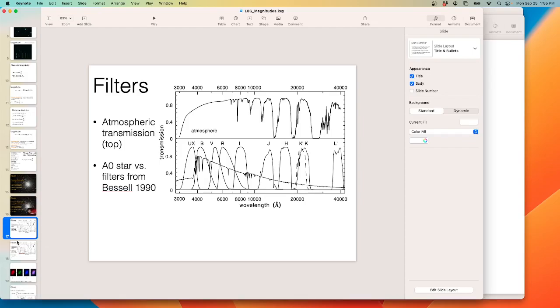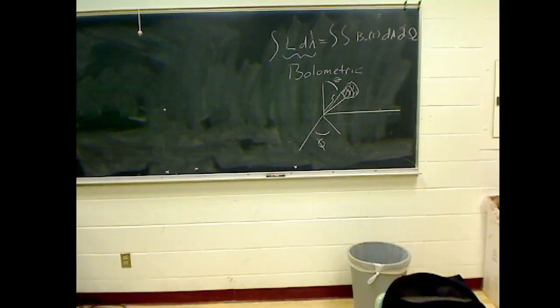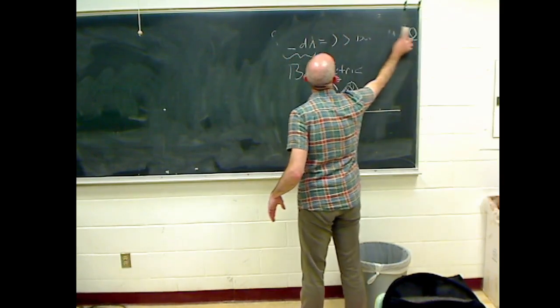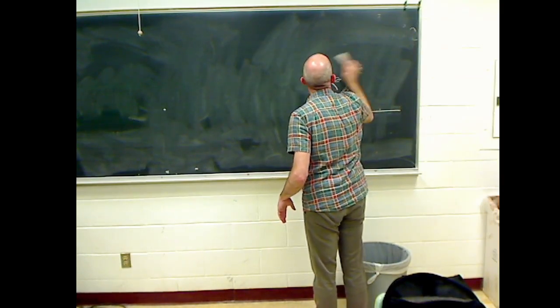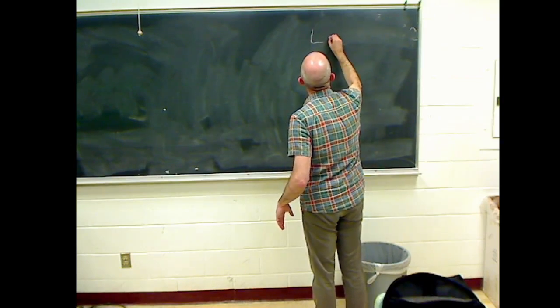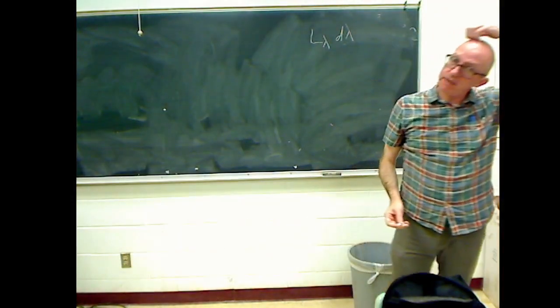But the way these work, and the way the color works, I'm going to talk and write at the same time. The way the math works, we remember I had my monochromatic flux.